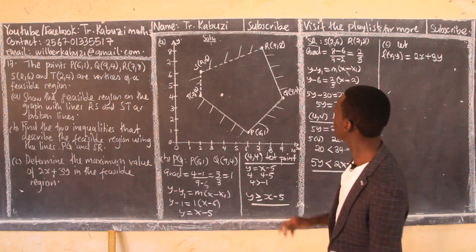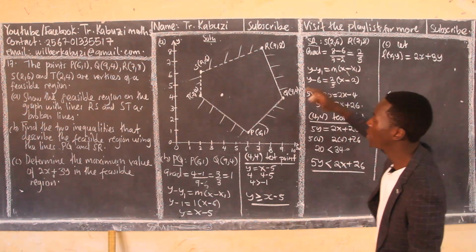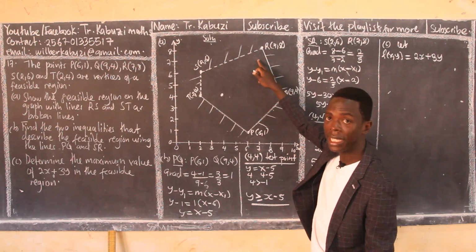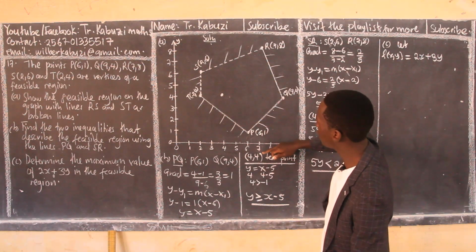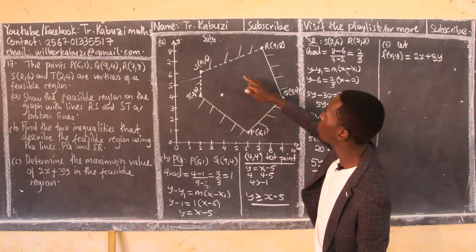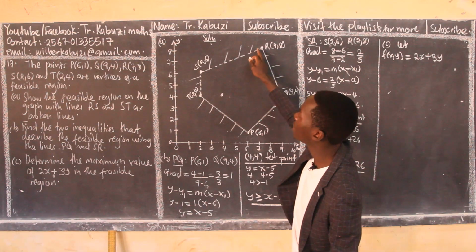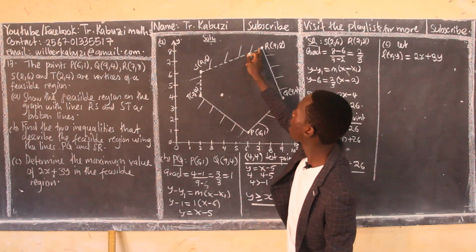Now, because my y has the biggest coefficient, I look out for the highest value of y in the feasible region. The point with the highest value of y is going to be 7. I can't take 8 because 8 is on a broken line.